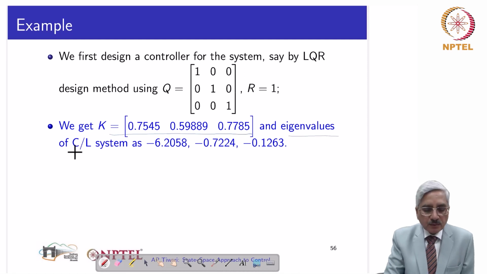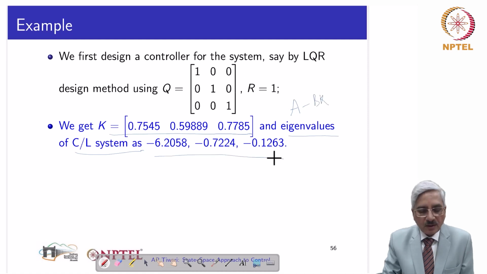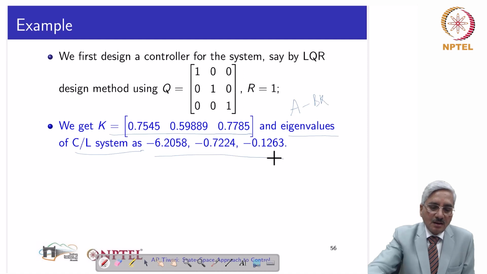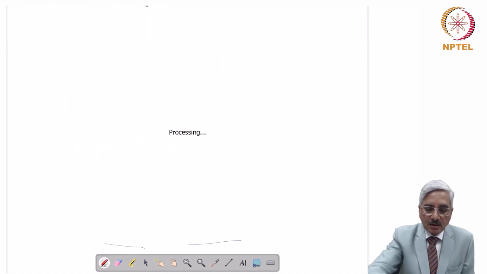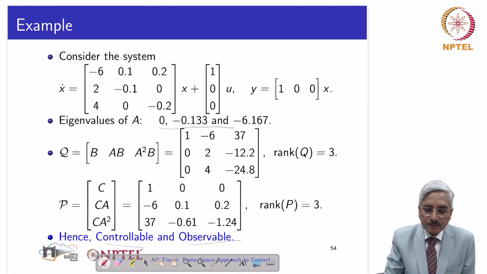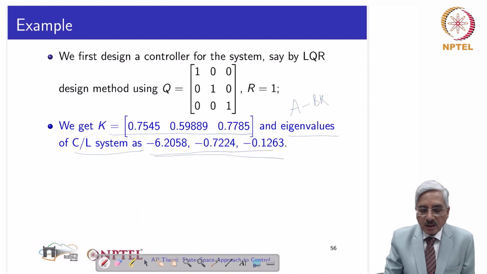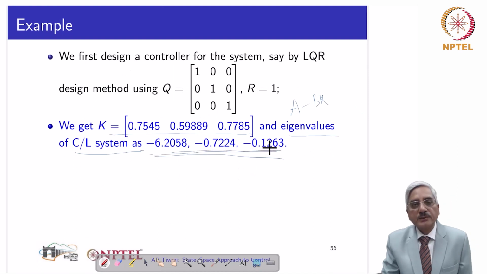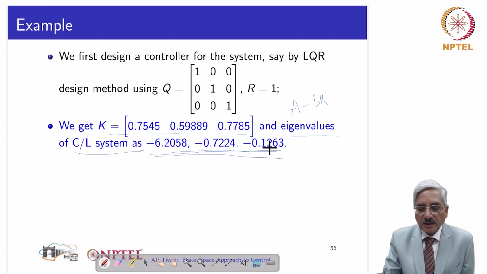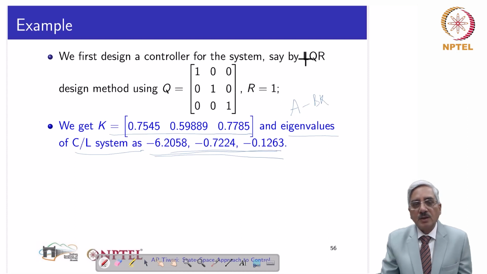And the eigenvalues of the closed loop system A minus BK will come this. One can verify. And of course the eigenvalues of the open loop system were given in the slide here. They were this. So we have designed a closed loop system such that all the eigenvalues are very clearly in the open left half S plane. Even though this design was done using LQR, it got ensured.